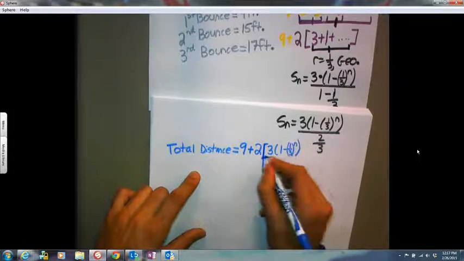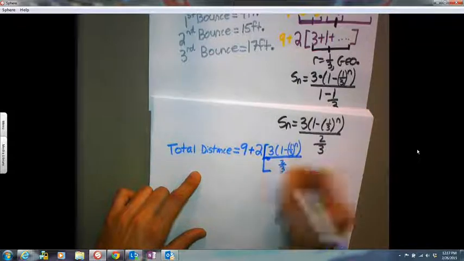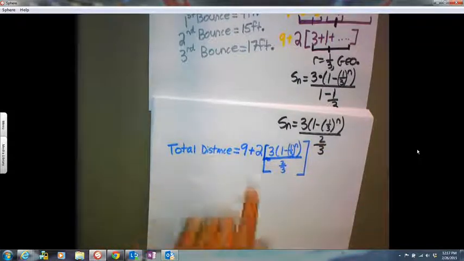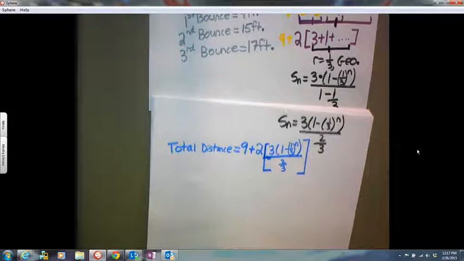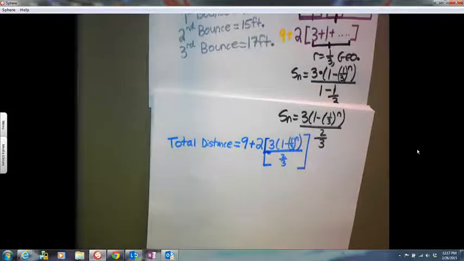So this should be the formula for the distance at any bounce. So questions on this so far?